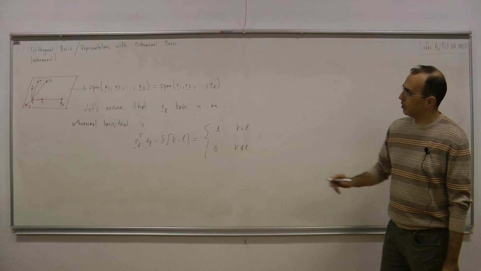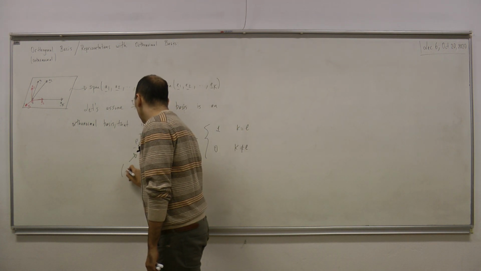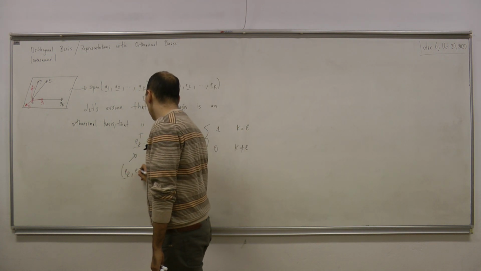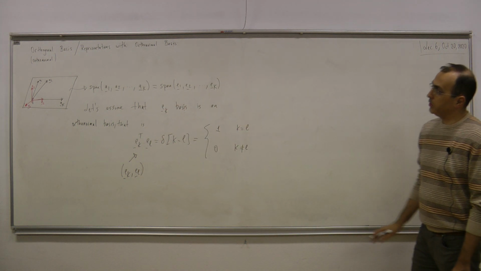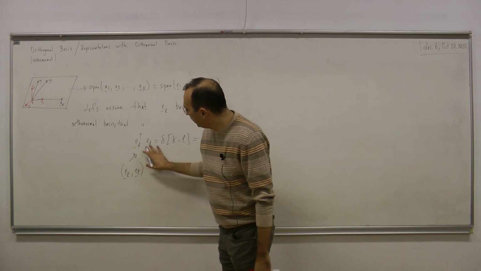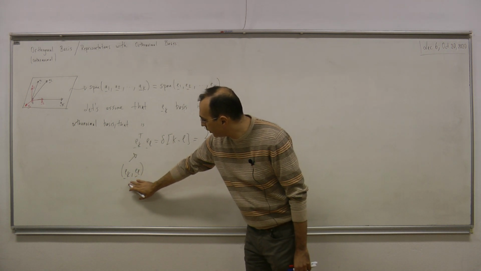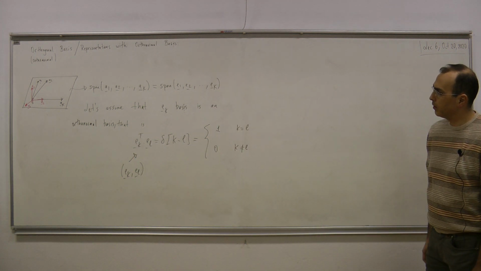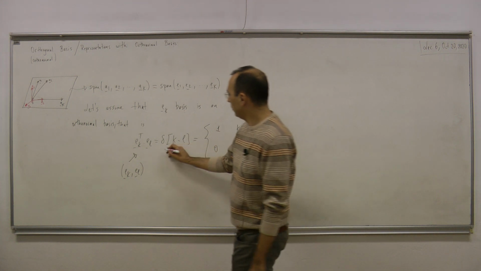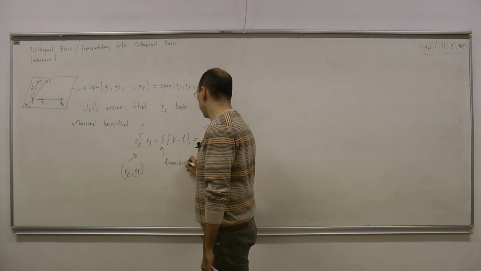Okay. So this is, you may say, our usual inner product of two vectors. There is an angle between two vectors, but this is the inner product of two vectors. Okay. So what is this notation? This is called the Kronecker delta notation.